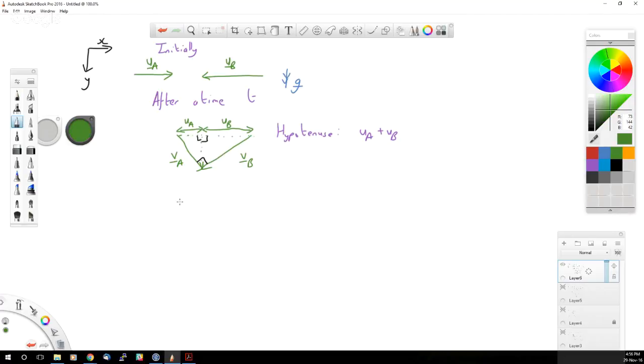But for each of these, we treat them separately. So we've got a right angle here. So we've got VA. This is UA, and our vertical component is GT.